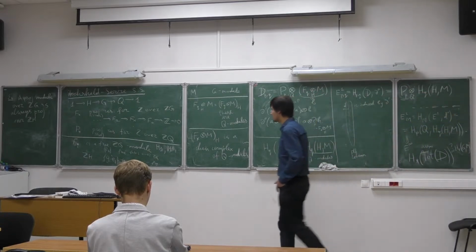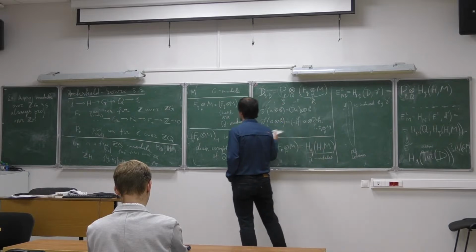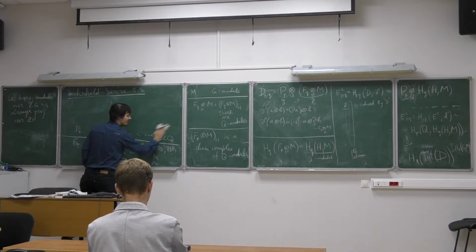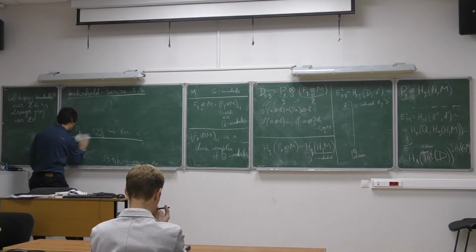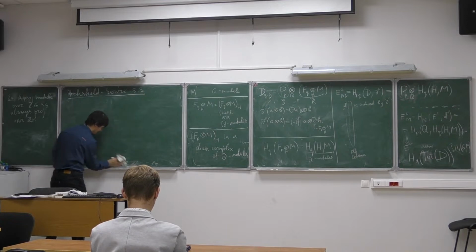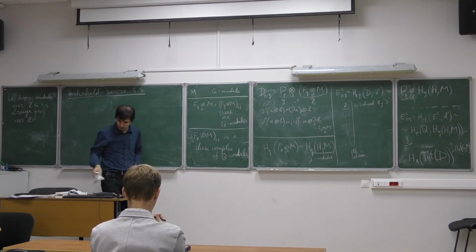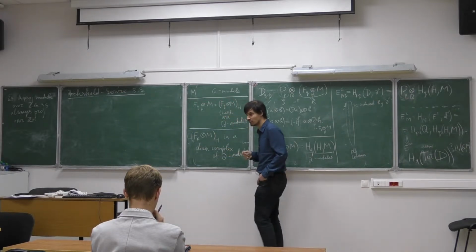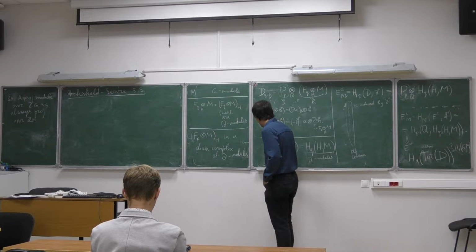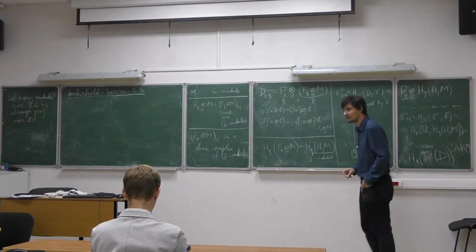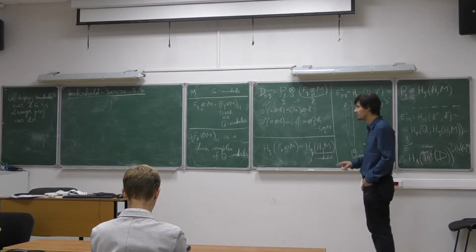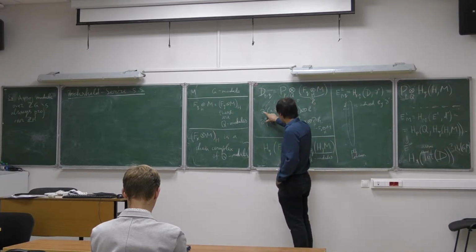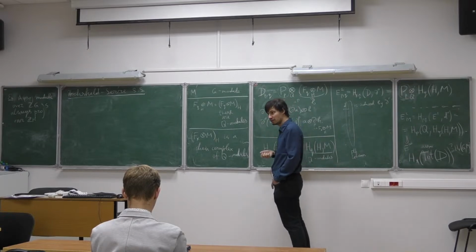Well, the proof is as follows. I would like to recall that there are two spectral sequences associated to a double complex. And now let us consider another one. So we take the same double complex as before, but we reverse the roles of D prime and D2 prime.